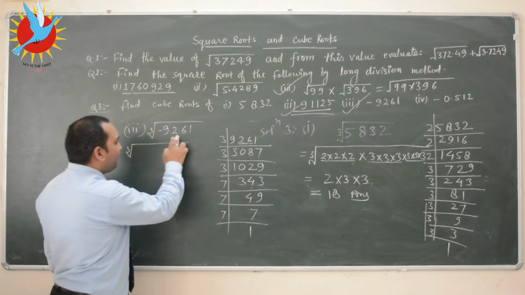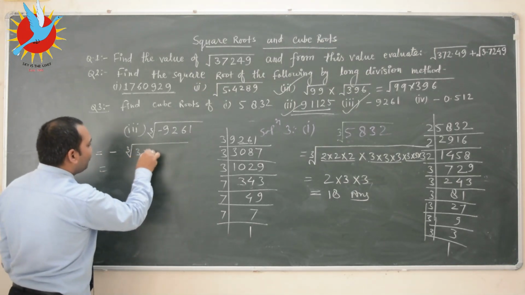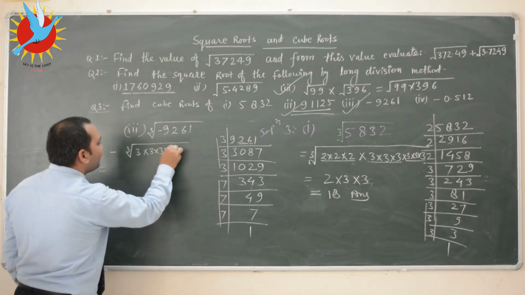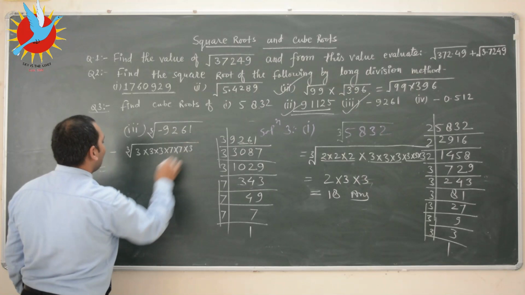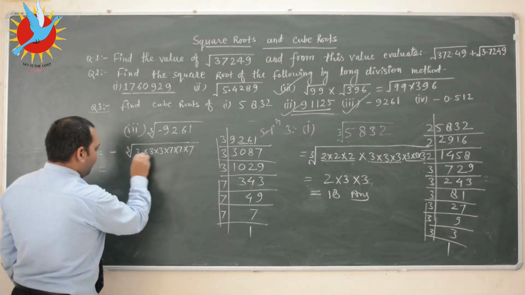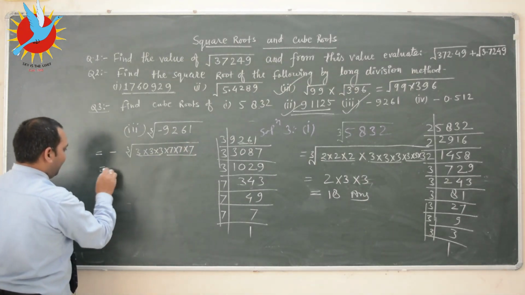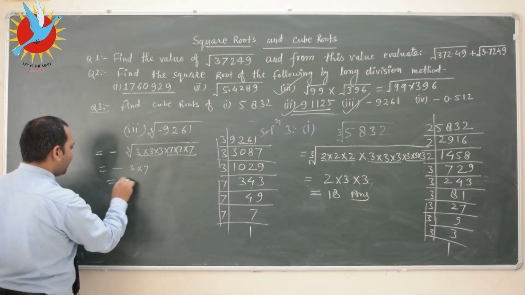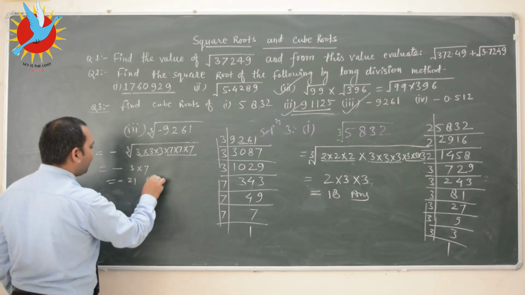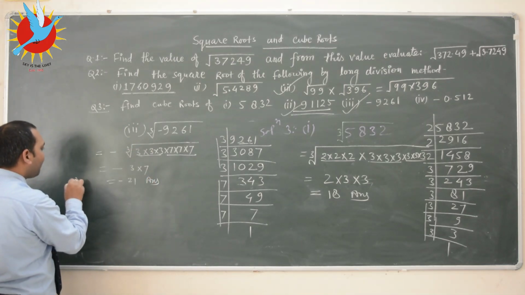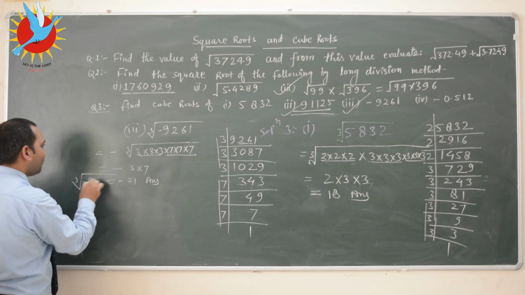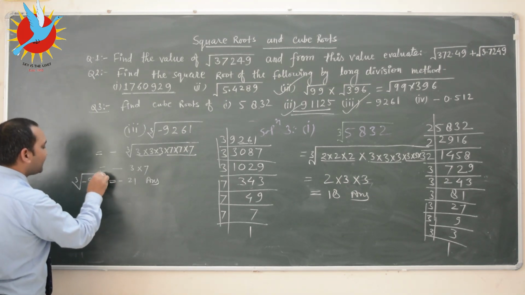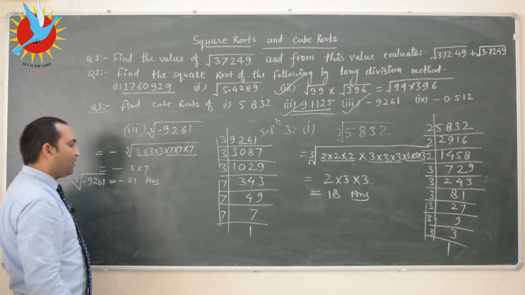So the factor of this number is 3 into 3 into 3, 3 times, once again 7 multiplied by 3 times, so 3 is in triplet, so minus 3 into 7, so minus 21. So minus 21 is the cube root of 9261. So the cube root of this number is minus 21.